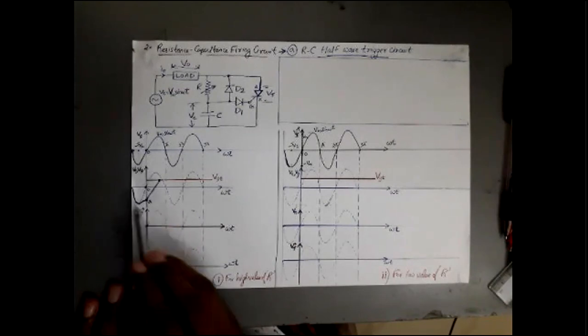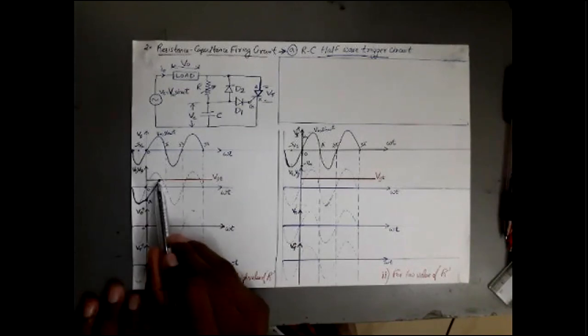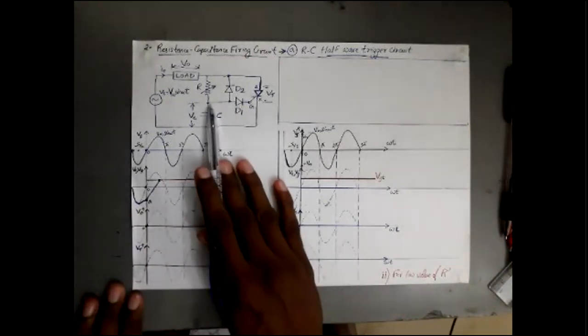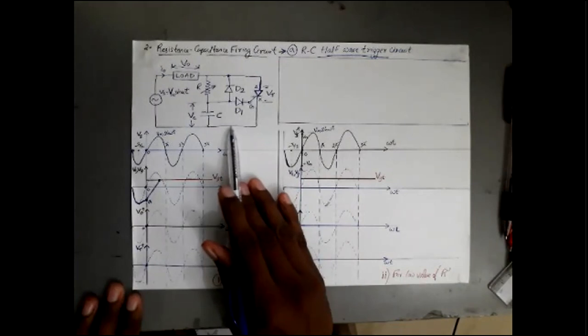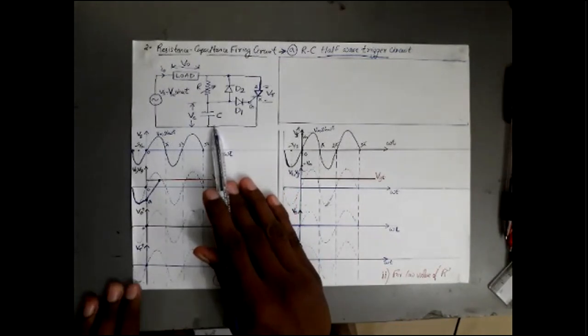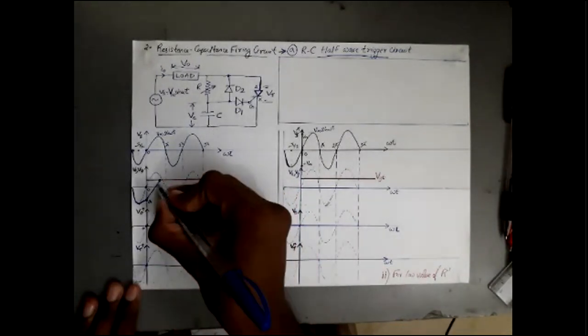At this point, my Vc has become equal to VGT. Then, as I said earlier, suddenly my SCR gets turned on. My voltage across my capacitor drops to a very low value, equal to or near 0.